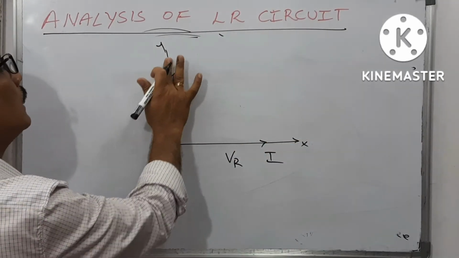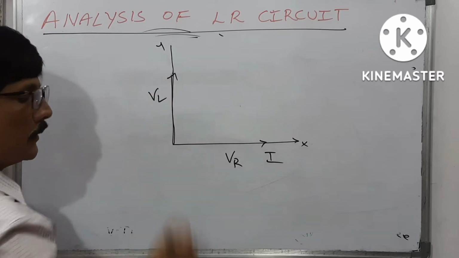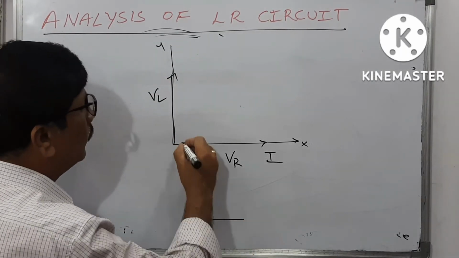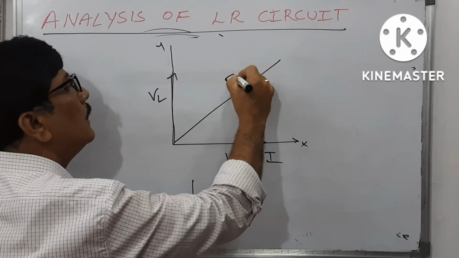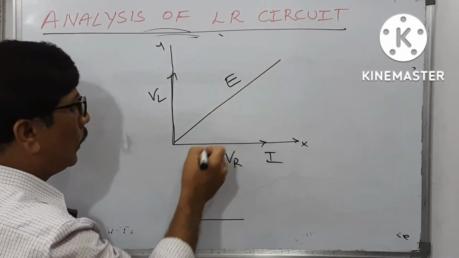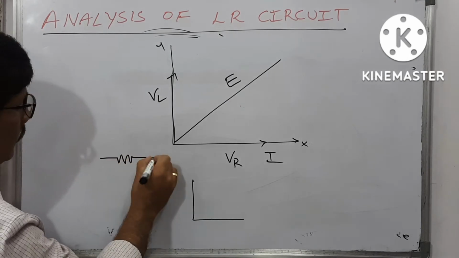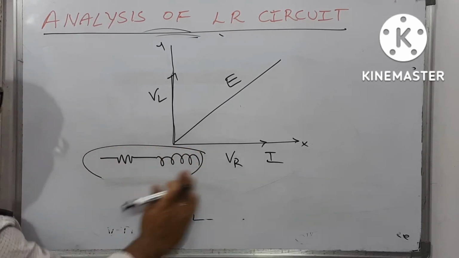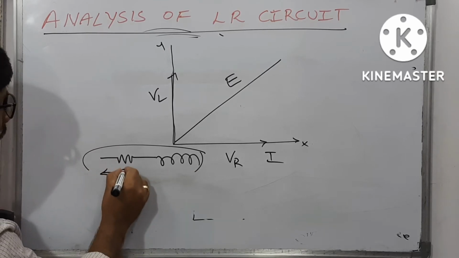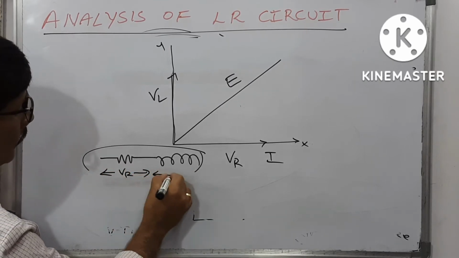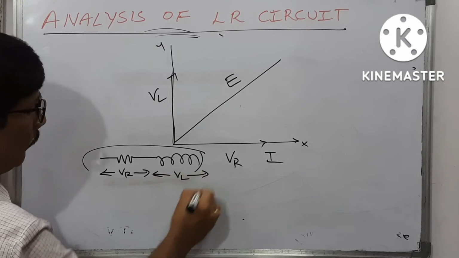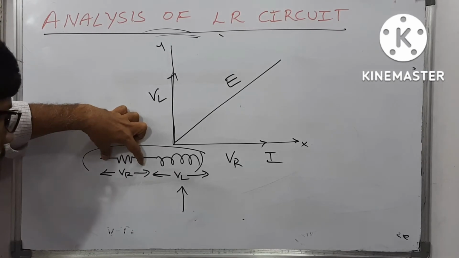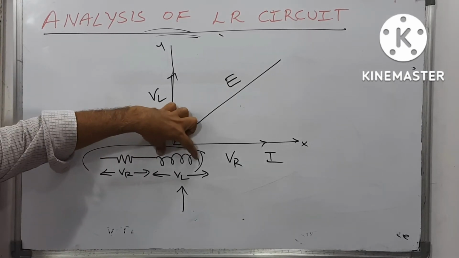Then the voltage across the inductor is taken along the y-axis. But the resultant of these two is taken as E, the net electromotive force offered by the resistor and inductor. This is VR, the voltage across the resistor, and this is VL, the voltage across the inductor.